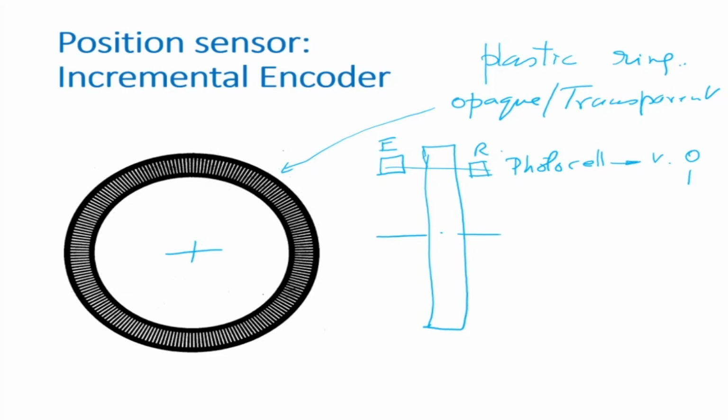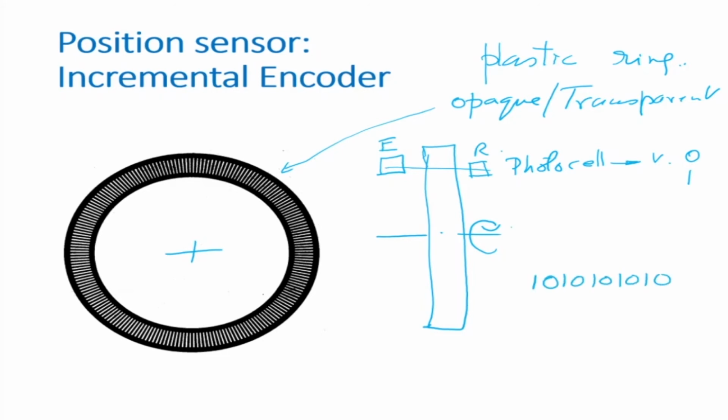When this is rotating, we fix it to the joint, or it is fixed to the back of the motor. When it is rotating, zeros and ones are produced depending on the amount of angle by which it has rotated. It is basically going to produce 0, 1, 0, 1, 0, 1 like this.